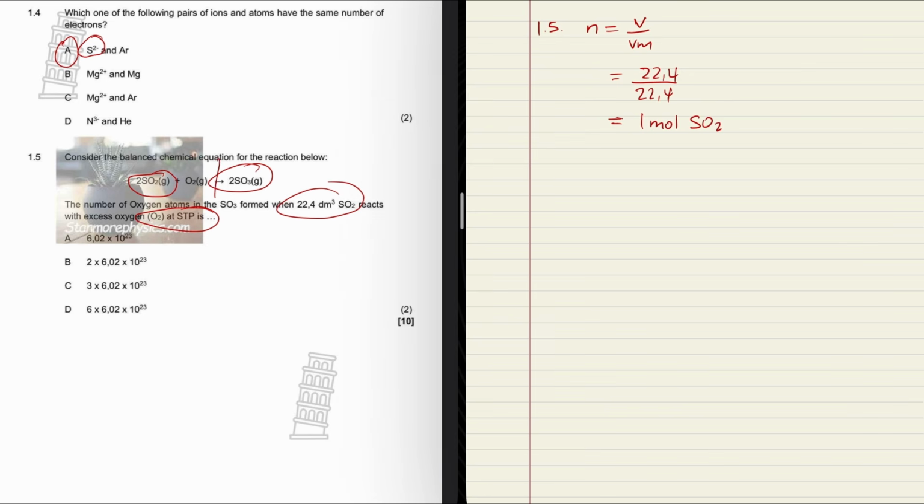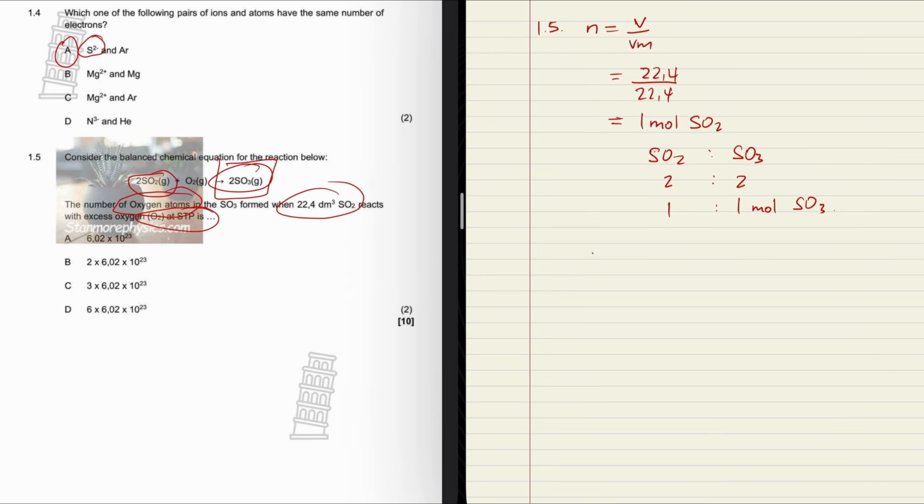Now the question is asking about SO3, so we need to do a mole ratio. The mole ratio of SO2 to SO3 is a 2 to 2 ratio, which is essentially 1 to 1. So if I have 1 mole of SO2, I'm going to have 1 mole of SO3 forming. Now, if we want to calculate oxygen atoms, we're going to have to do the following.